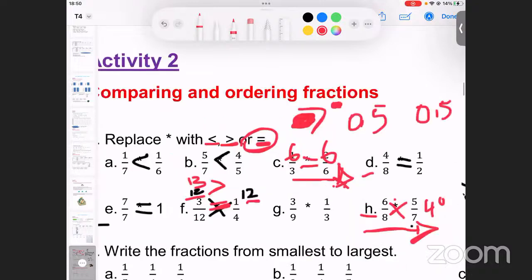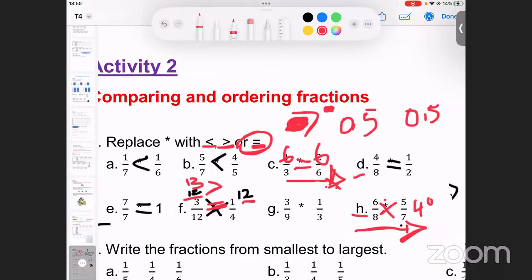Okay, now let's do G. Maham, what did you replace the star with for G? I said 3 over 9 is equal to 1 over 3. Okay, cool. And Adelaide, what are we replacing the star with?